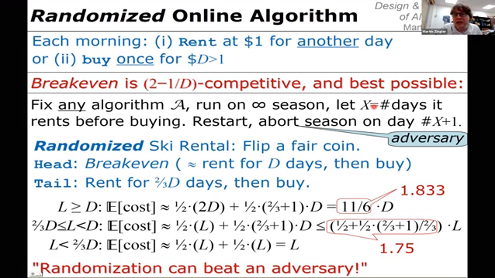Being a deterministic algorithm, we can predict that it will perform the same way as previously, as long as the sequence of weather data remains the same. Namely, for the first x days, we make our weather skiing weather. And on the x plus first day, when the algorithm switches to making a purchase, because it's deterministic, it will do the same as with the infinitely long skiing season.